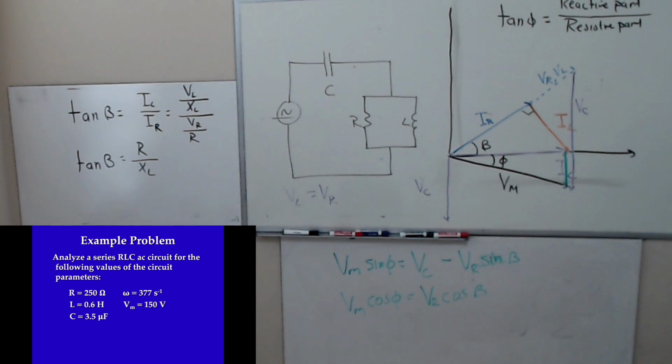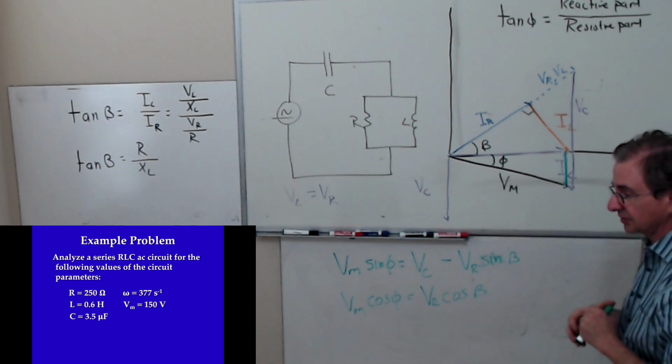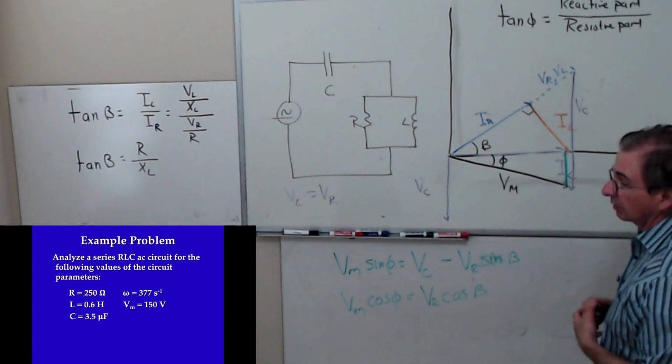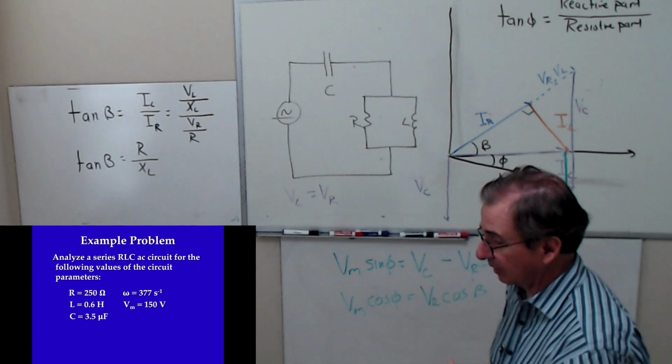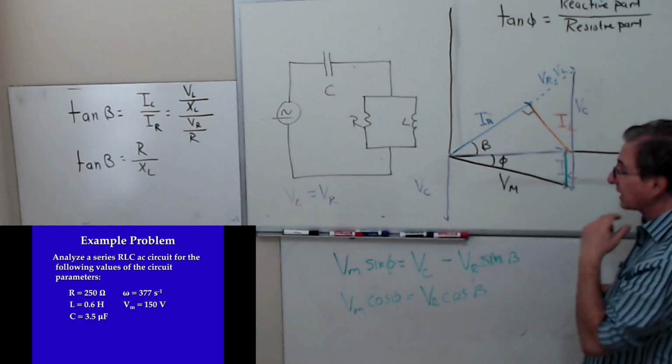I created this problem over the summer, and I added it to the assignment. I forget what number it was. I added this one just so you get practice with something that's some combination. This would be kind of long to ask on an exam, but it's a good one to look at just how much information the phasor diagram gives you. Now, there's actually a better way to do this.